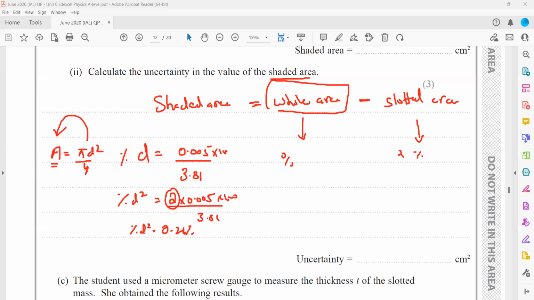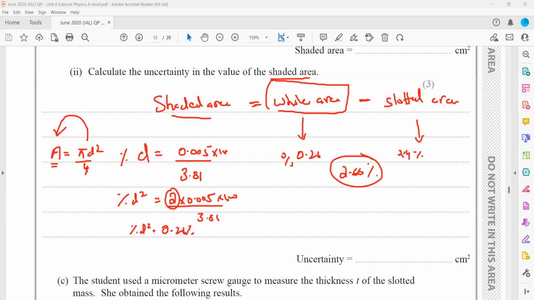So 2.4% plus 0.26% gives 2.66%. That's the total uncertainty in the shaded area.